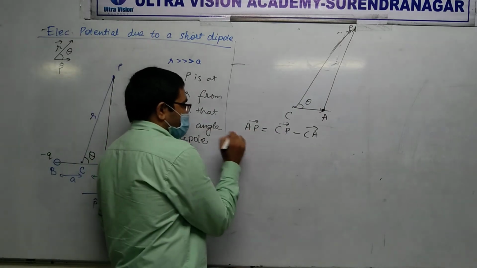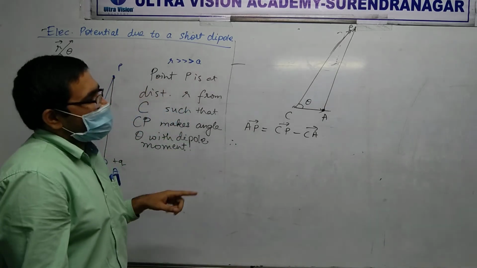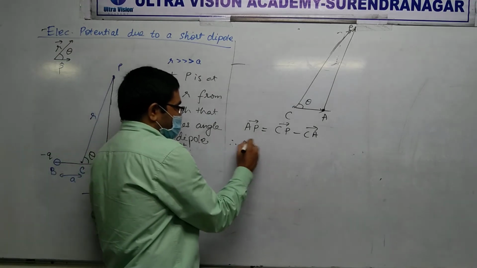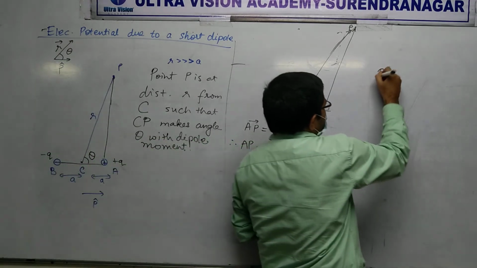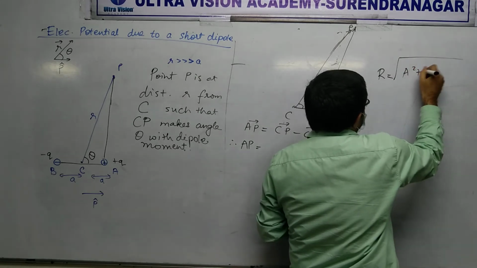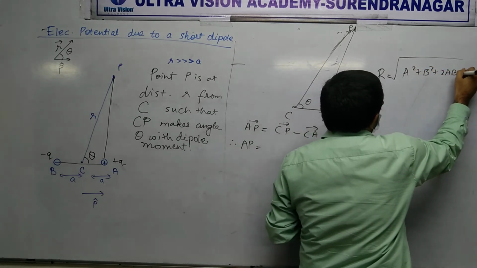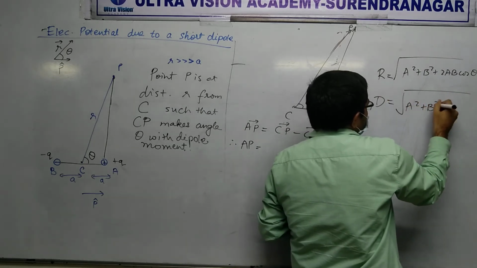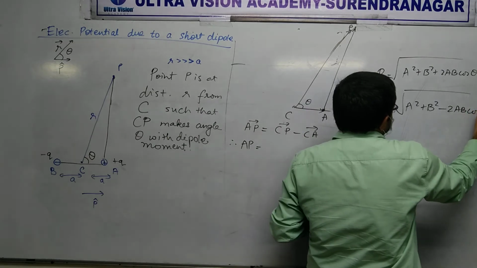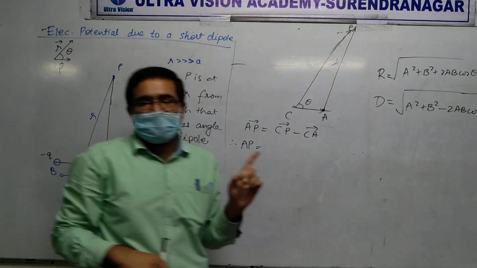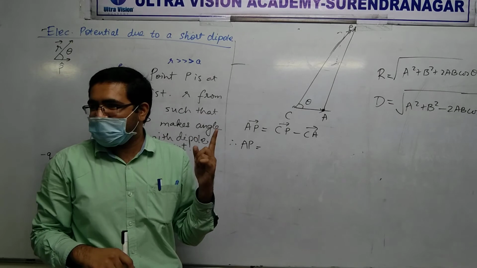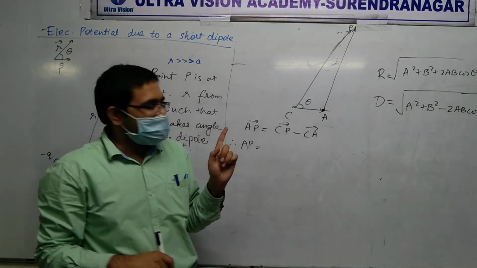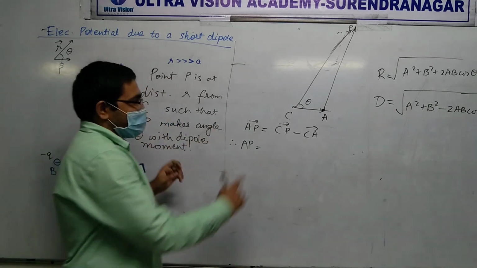Now, in magnitude form, there is a formula for difference. The resultant formula is R equal to under root a square plus b square plus 2ab cos theta. Just like that, for difference there is a formula a square plus b square minus 2ab cos theta. So this is the difference.